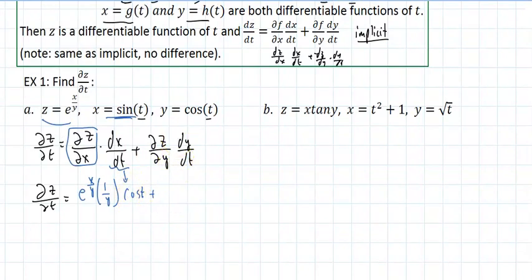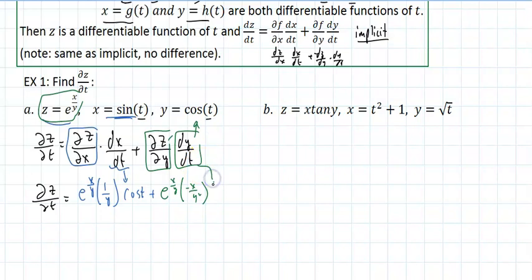Plus, what is the partial of z with respect to y? That's e to the x over y. The derivative of x over y partial with respect to y is negative x over y squared. And what is dy/dt? That would be negative the sine of t. And there it is. Done deal.